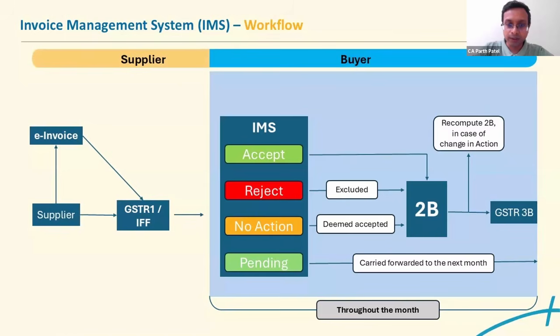So this kind of situation will not arise if the same is kept pending in the IMS. The GST portal will carry forward that particular invoice for goods which is in transit to the next month. So we need not do any adjustment in GSTR2B for that particular month. And whenever in the next month we receive that goods, we can change the status of that pending invoice to accepted invoice.